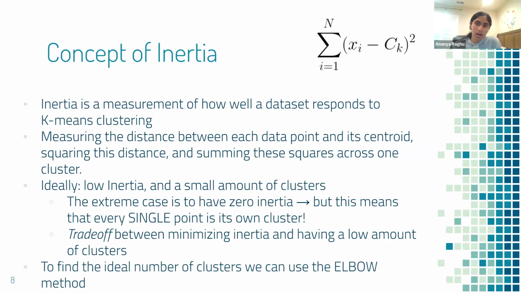Ideally, what do we want? We would want to have a very low inertia because that means that each point is close to its cluster center and the centers are accurate. However, if we were to have zero inertia, what does it mean? I'll pause here for a couple seconds so you guys can think about it.